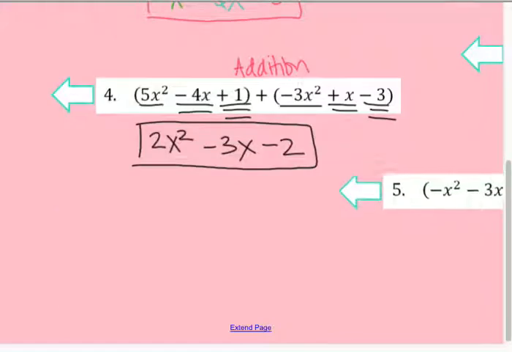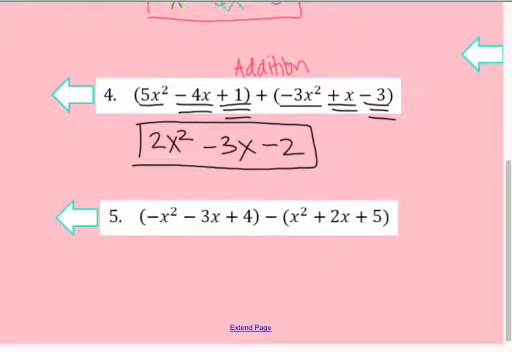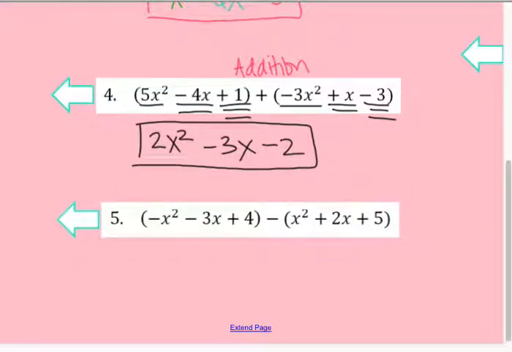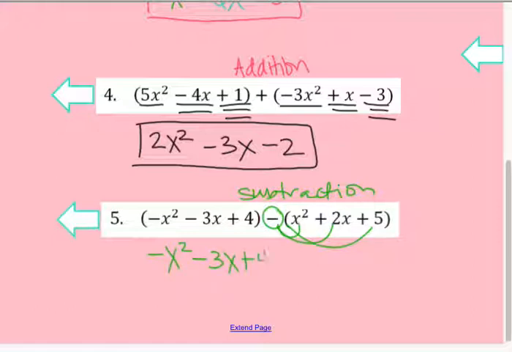Example 5. Once again, look what operation is occurring. This is subtraction. So once again, I want to go ahead and distribute that negative sign to everything and then combine like terms. So I have negative x squared minus 3x plus 4 minus x squared minus 2x minus 5.